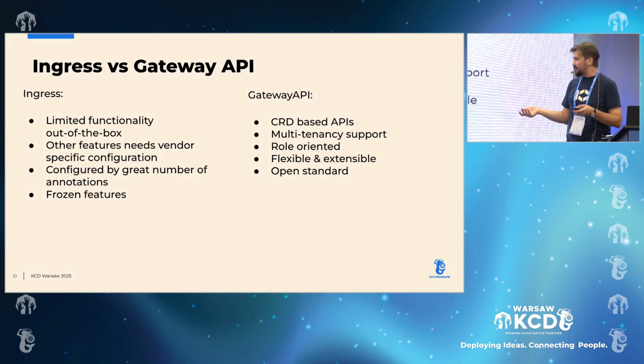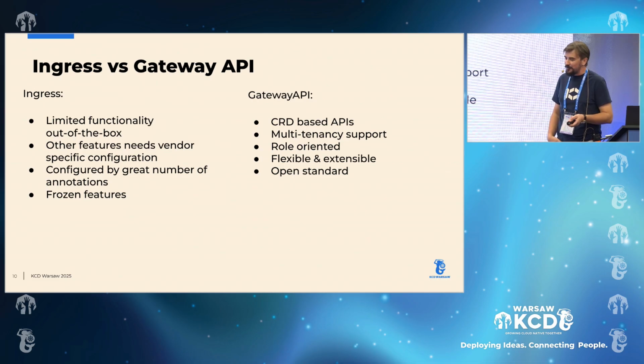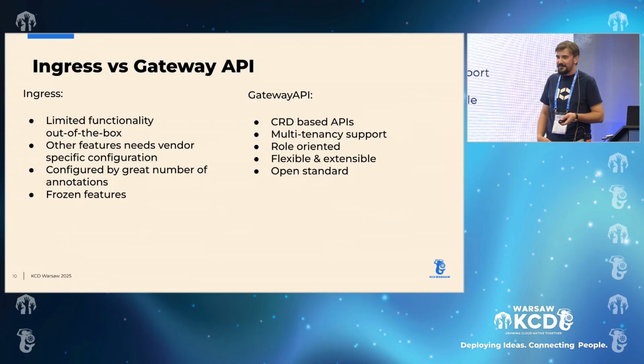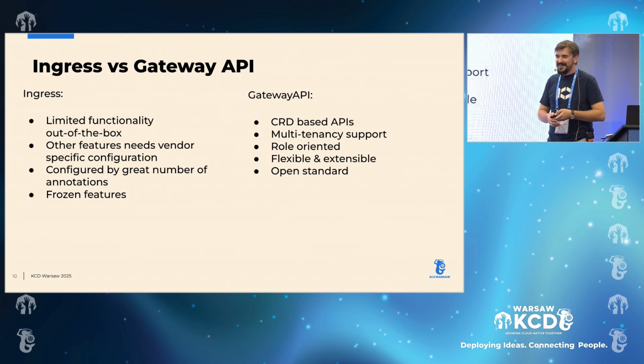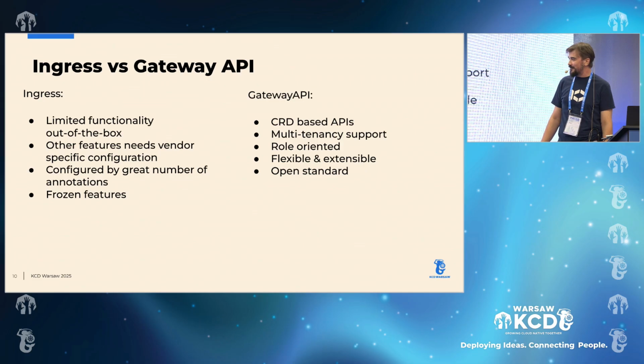I think HAProxy or Nginx had like 200 annotations to configure traffic, which is good if you are using it forever, but if you change your mind and decide to change your ingress controller to something else, well done, you are on your own. You need to check by yourself whether all the features are covered in your migration step. And of course, it's now frozen for new features.